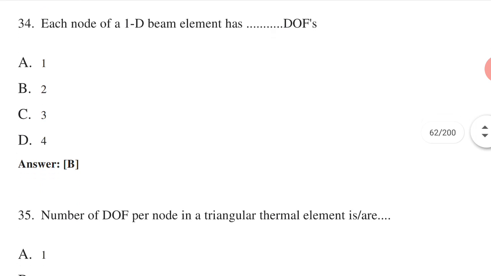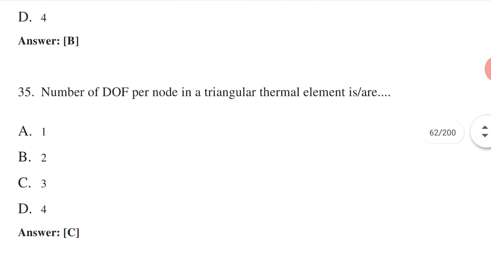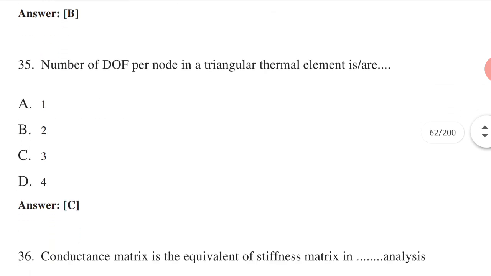Okay. So, the number of degrees of freedom per node in a triangular thermal element is or are. So, per node for any triangular thermal element is 3.